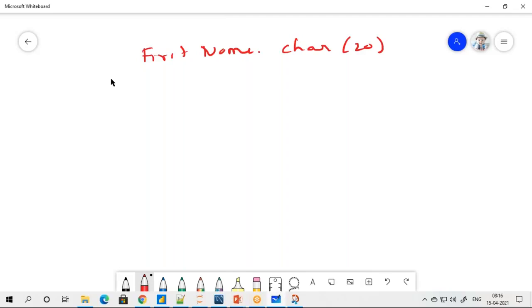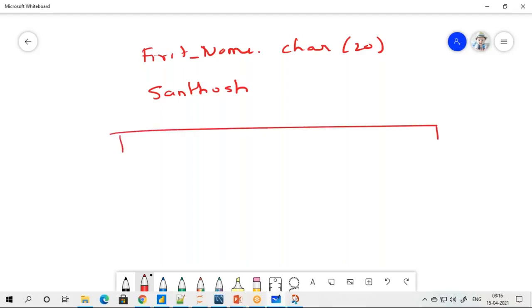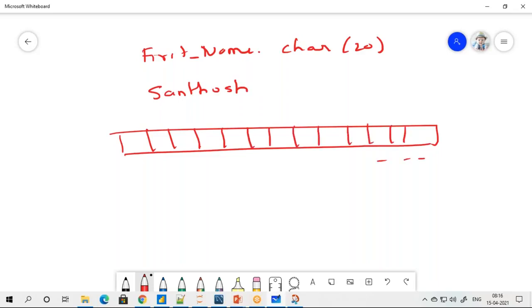Okay, so for the first name I will give character and I'll give 20. If I gave Santosh, how many characters are filled? 20 means 20 boxes of space will be given. 1, 2, 3, 4, 5, 8 characters are filled. This name will go here.